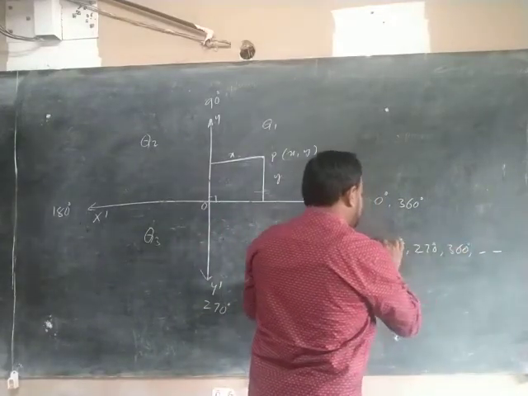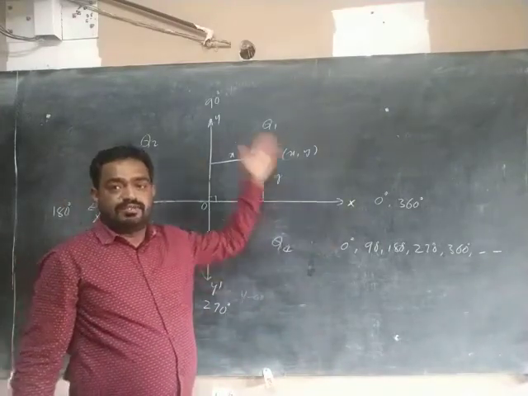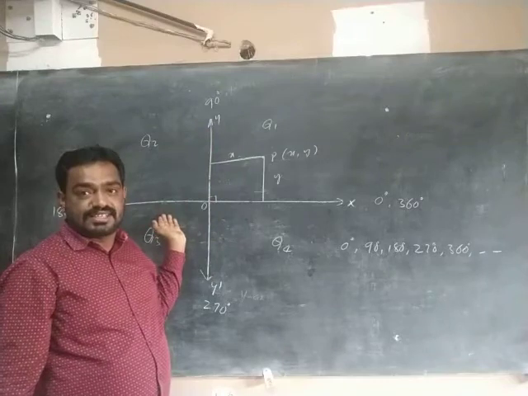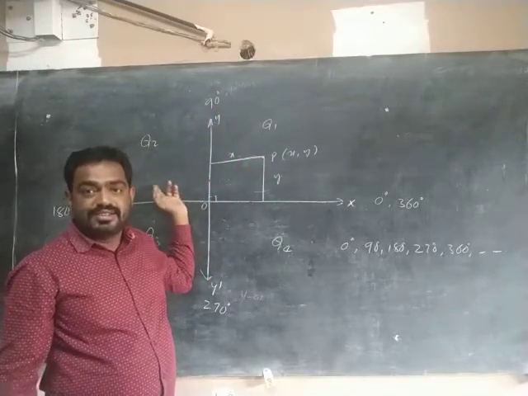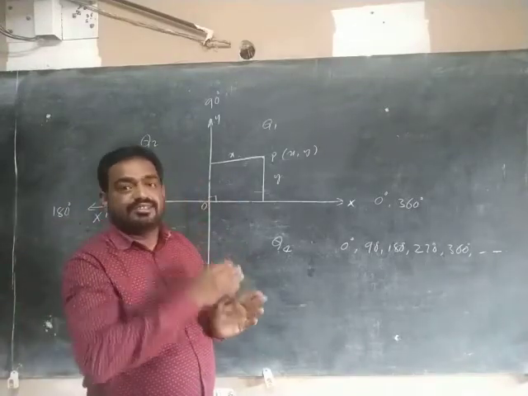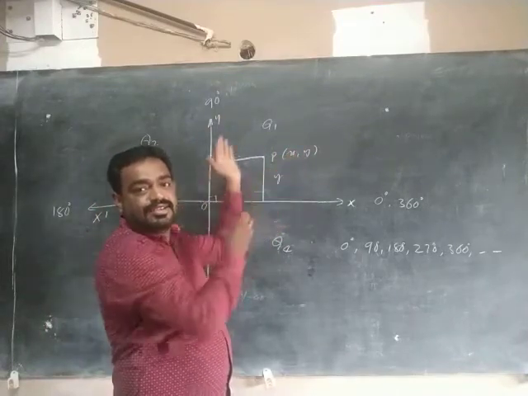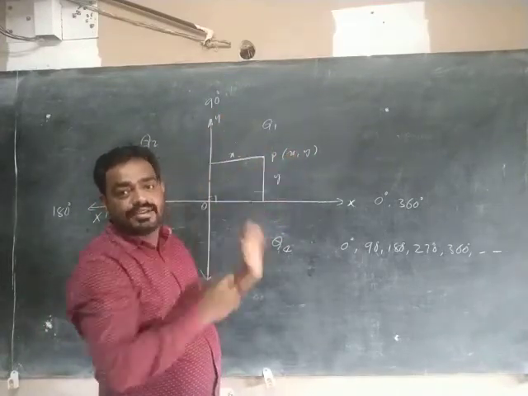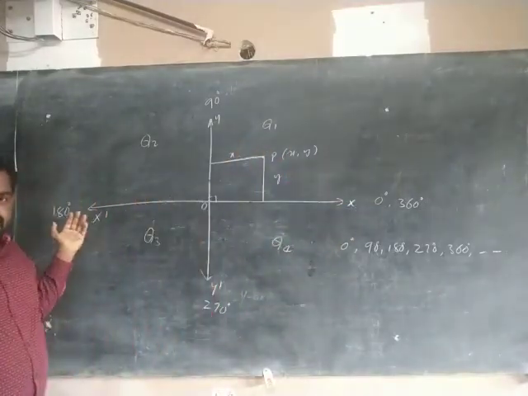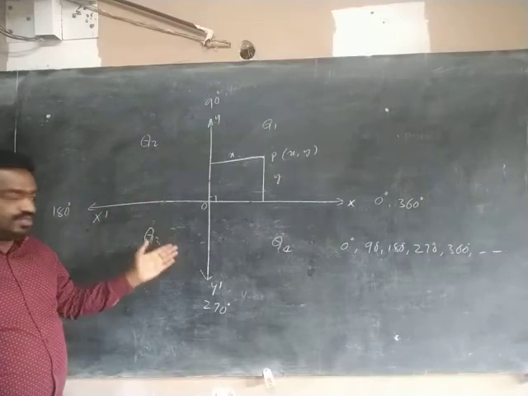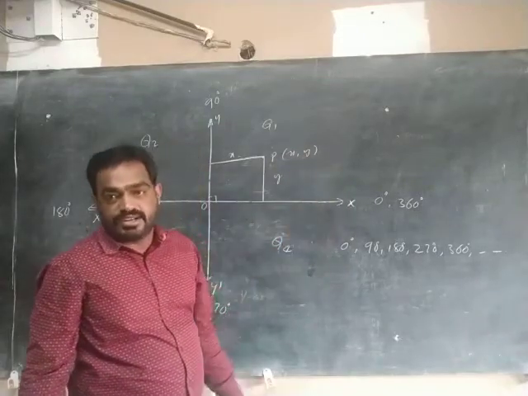Where are they present? On the coordinate axes. 90 is not in the first quadrant and not in the second quadrant. This 90 degrees separates the quadrants. Similarly 180 separates these two quadrants, 270 separates these two quadrants, and 360 separates these two quadrants, right?